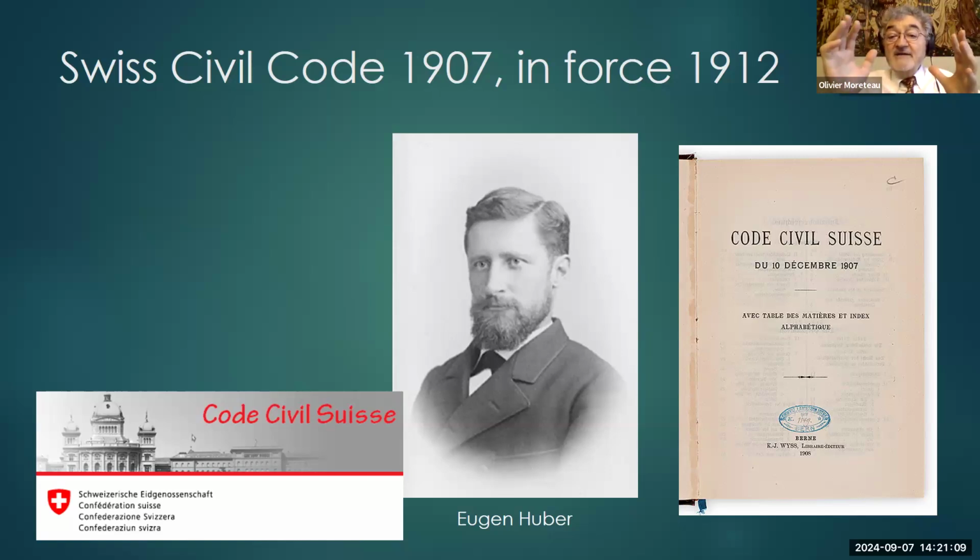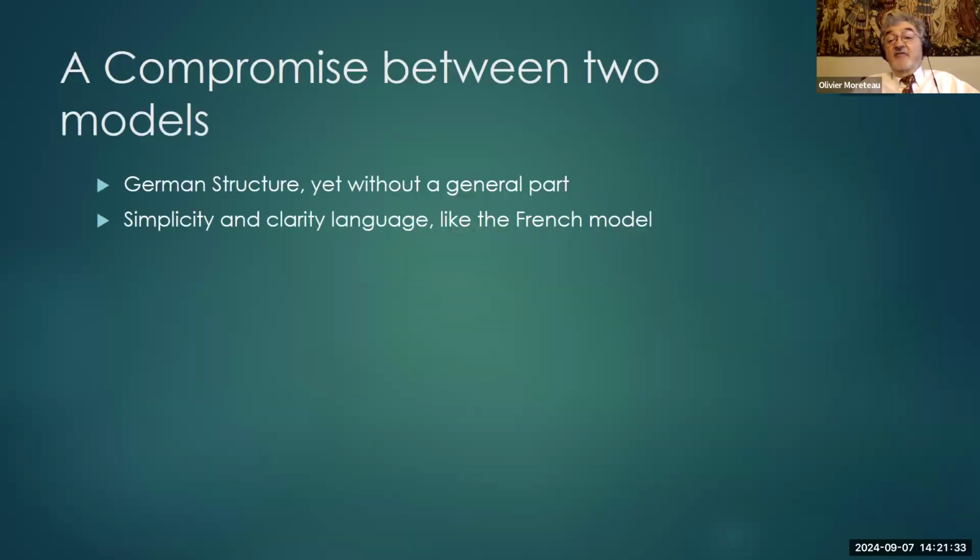And he admired the organization of the German civil code that had been published not very long ago and was at the time the most modern civil code. He liked the structure of it, but he liked also the simplicity of style and the clarity of the French civil code. And therefore, he produced a code that is a sort of compromise between two models.